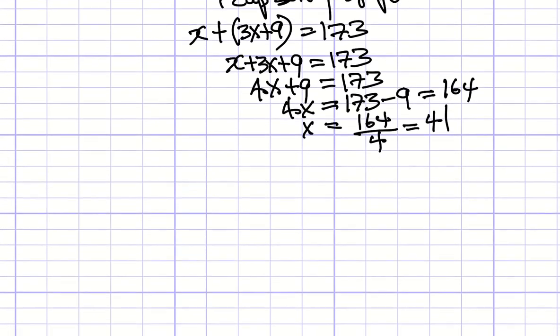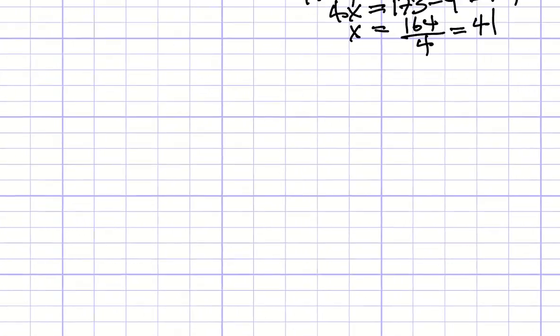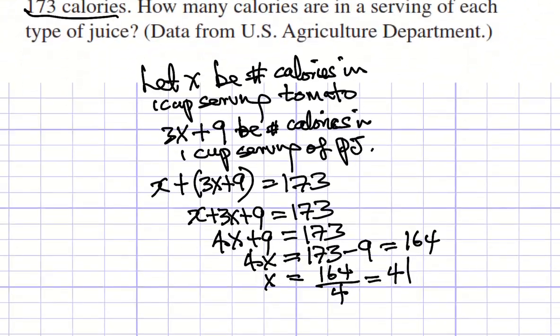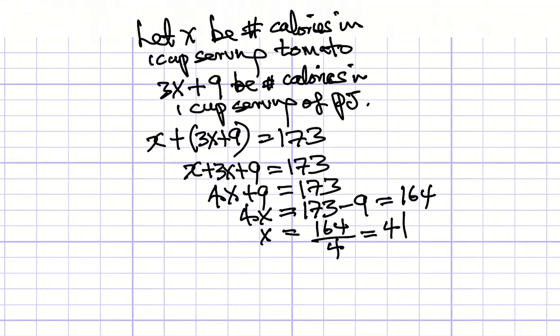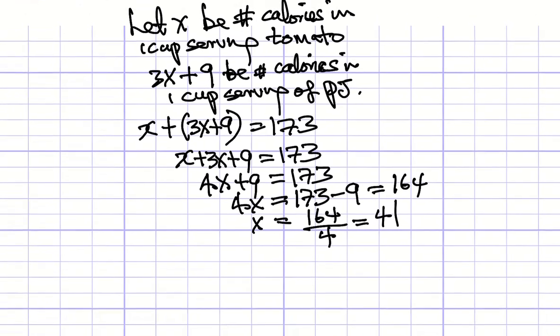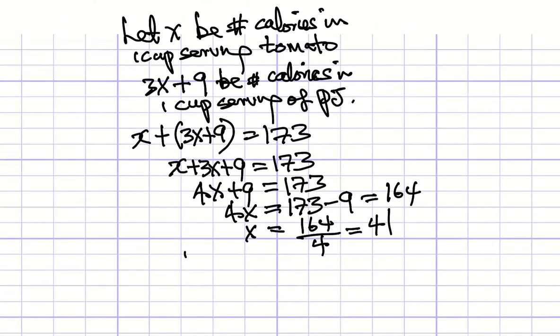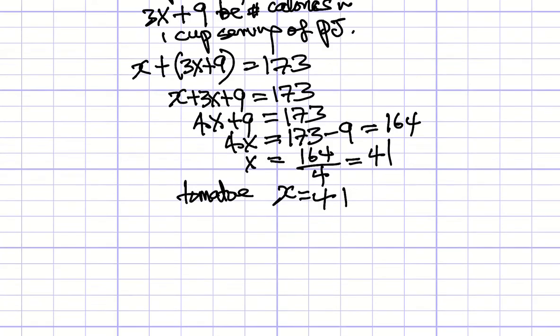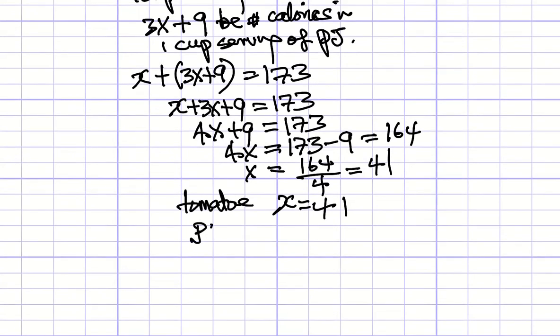So the number of calories in 1 cup serving of tomato is x equals 41. Then pineapple juice, the number of calories in 1 cup serving is 3x plus 9.